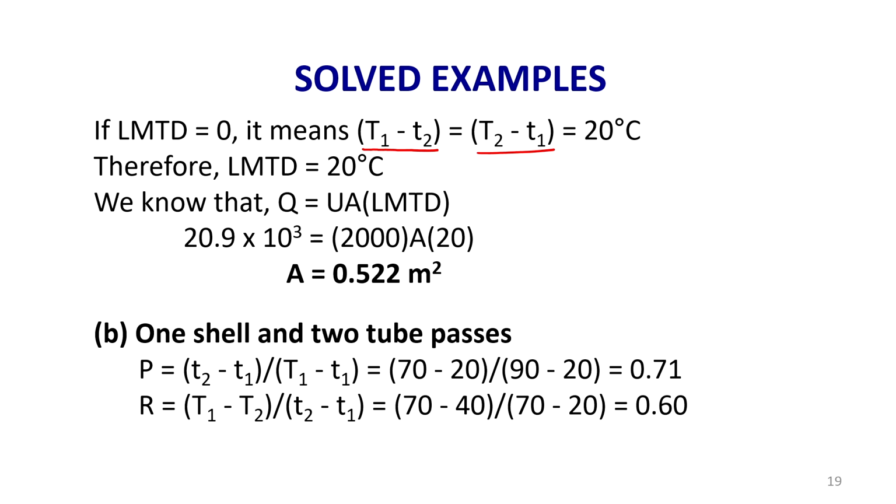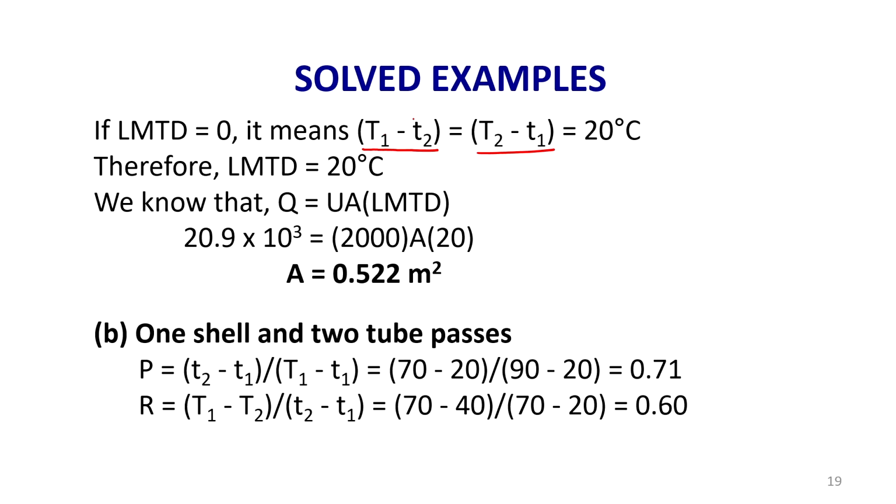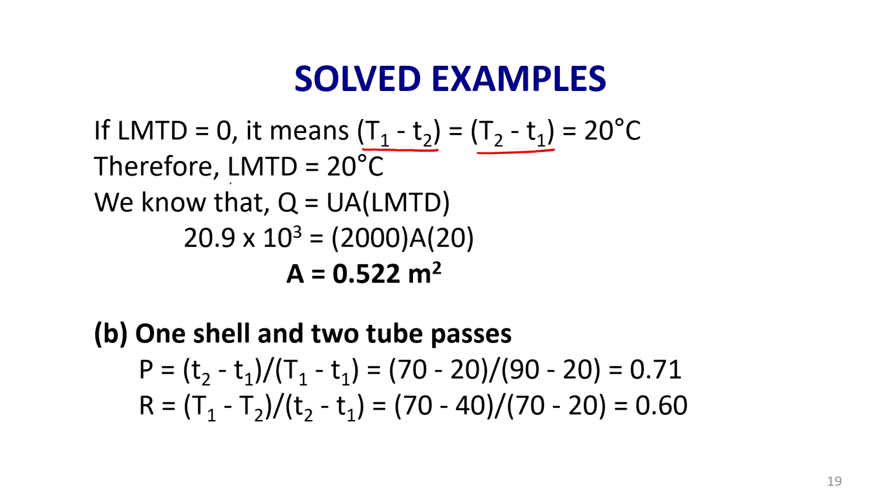That means the temperature difference, capital T1, the hot fluid inlet temperature, minus the cold fluid outlet temperature, or the hot fluid outlet temperature minus the cold fluid inlet temperature, is the same. If you substitute capital T1 minus small t2 or capital T2 minus small t1, it is delta 20. So, whenever delta T is equal to 0, we take this value, and therefore LMTD is equal to 20 degree.